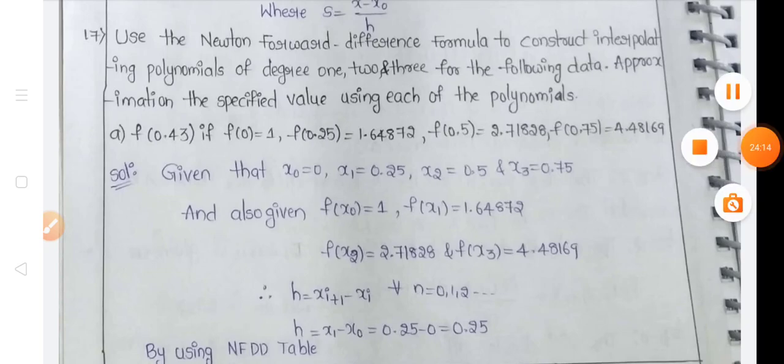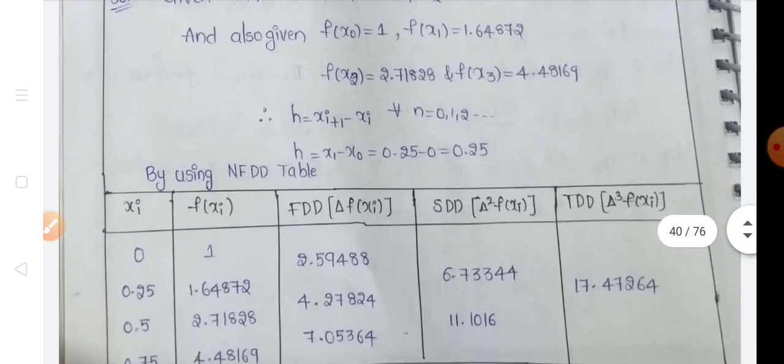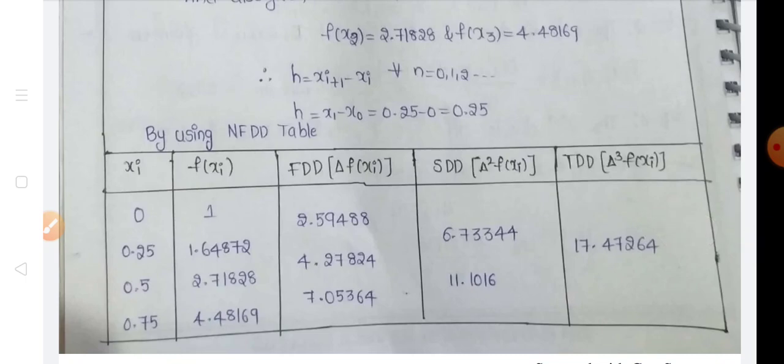Given that x0 equals to 0, x1 equals to 0.25, x2 equals to 0.5 and x3 equals to 0.75, and also given f of x0 equals to 1, f of x1 equals to 1.64872, f of x2 equals to 2.71828 and f of x3 is equal to 4.48169.